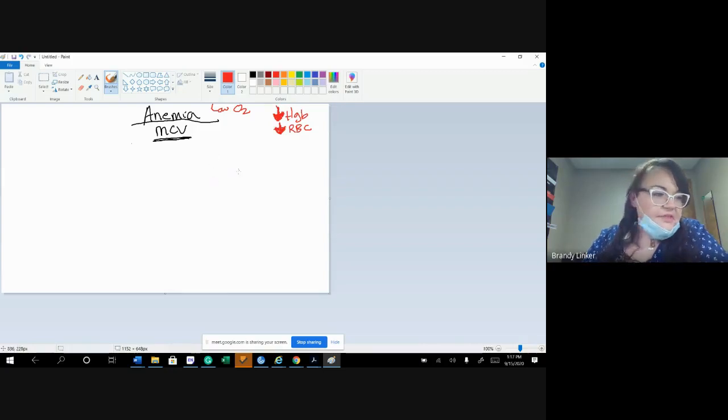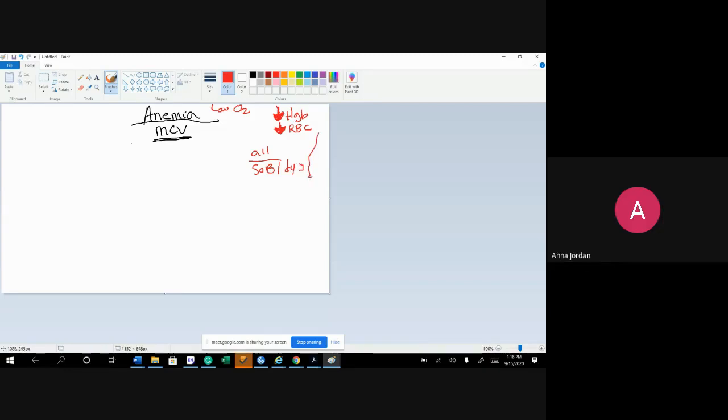Okay. So all anemias have kind of the same signs and symptoms, no matter which one we're talking about. So the first one is going to be shortness of breath. Anybody tell me why? Because of the low O2? Exactly.